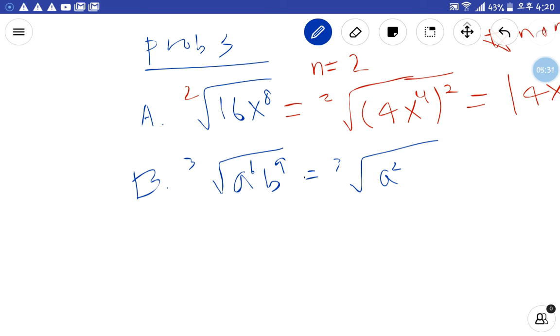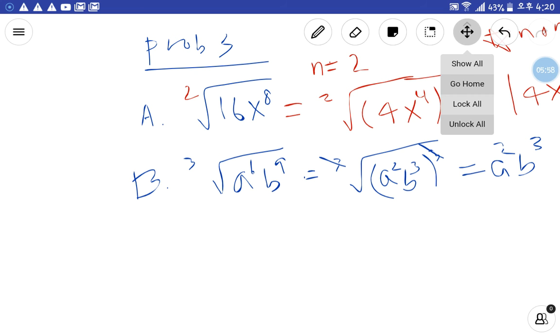And 9 divided by 3, that's 3, b cubed, all cubed. That's going to be the same as a to the 6th power, b to the 9th power, correct? And then you can cancel those two. Then what you got? a to the 2nd power, b cubed. Simply, that's it because we don't need any absolute value symbol. Okay? So that's a simple question.